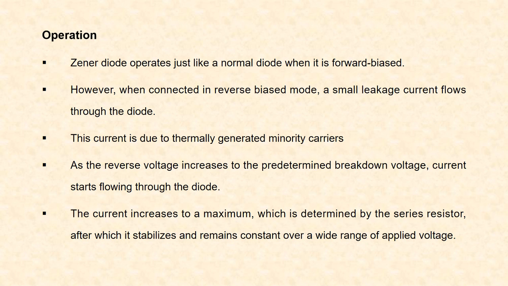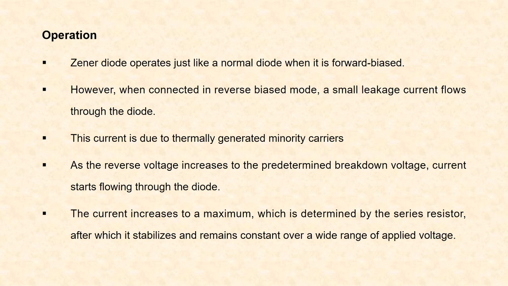Next is the operation of Zener diode. Zener diode operates just like a normal PN junction diode when it is forward biased. As we all know, it is specially designed to operate in reverse bias direction. When we connect it in reverse bias, a small leakage current flows through the diode, and this current is mainly due to thermally generated minority carriers.